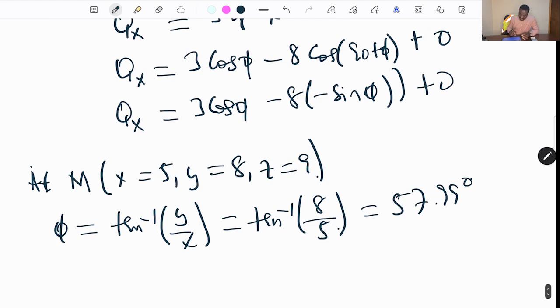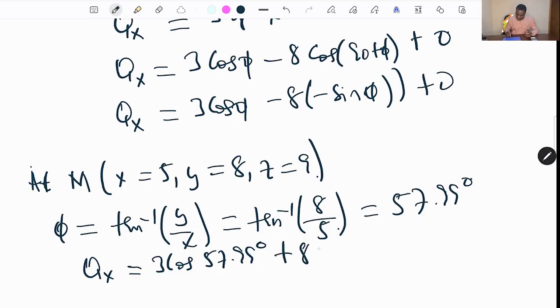So now I can replace phi in the equation that I have above, so that we get 3 cos 57.99 degrees. Here we minus, you get positive 8 times sine 57.99.